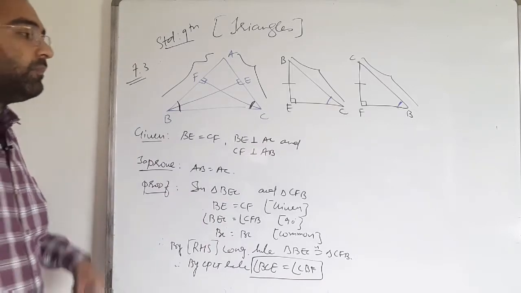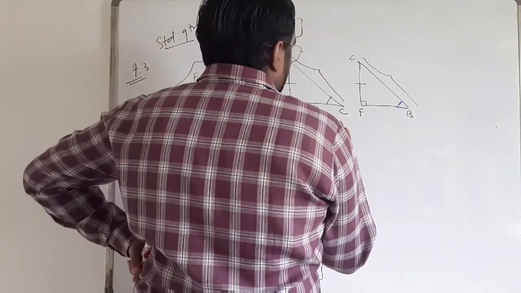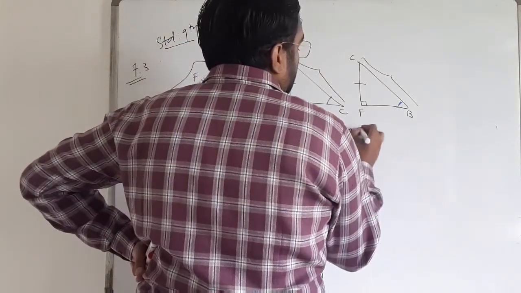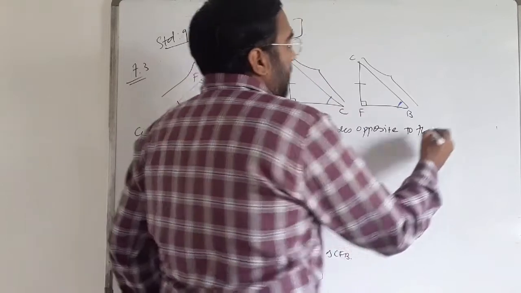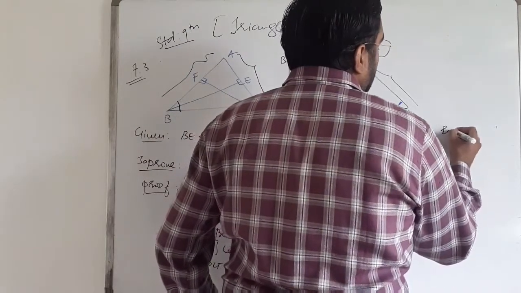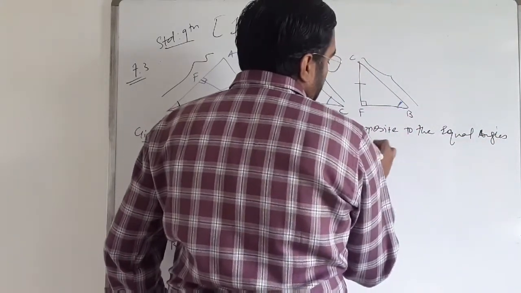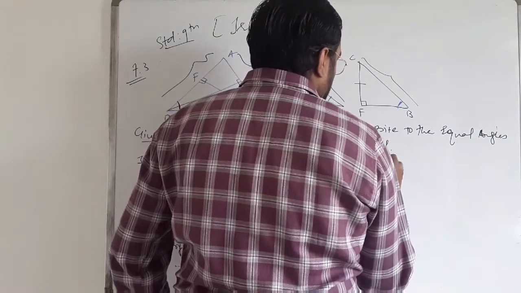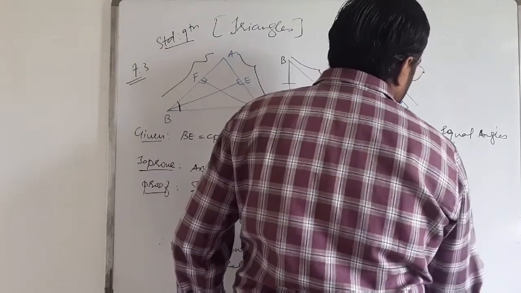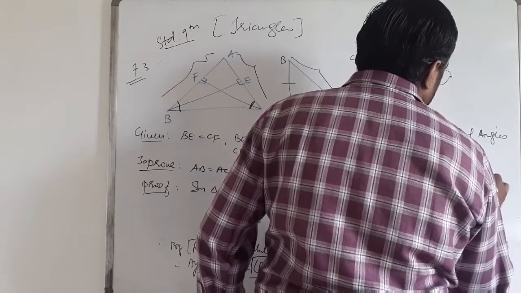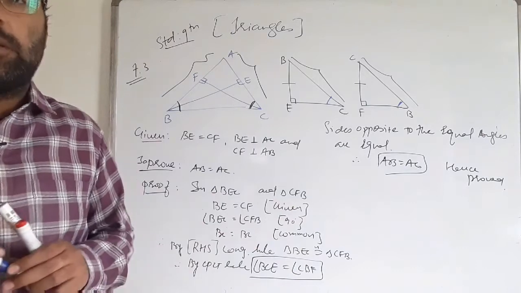Now we are writing that sides opposite to the equal angles are equal, so therefore AB is equal to AC, hence proved. Clear? Please note down first.